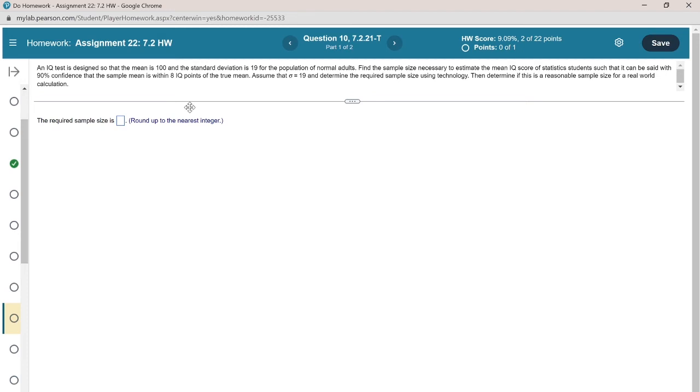Find the sample size necessary to estimate the mean IQ score of statistics students such that it can be said with 90% confidence that the sample mean is within 8 IQ points of the true mean. Assume that sigma, the standard deviation for the population, is 19 and determine the required sample size using technology.